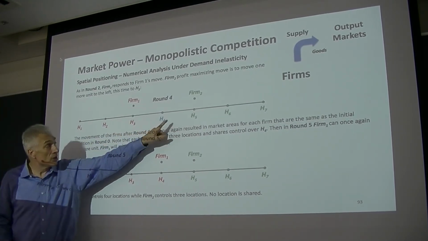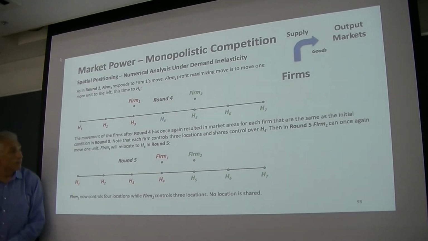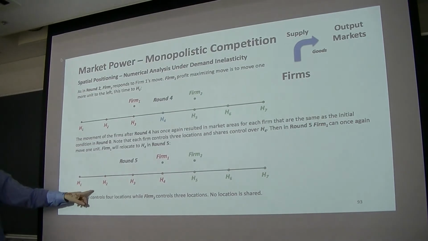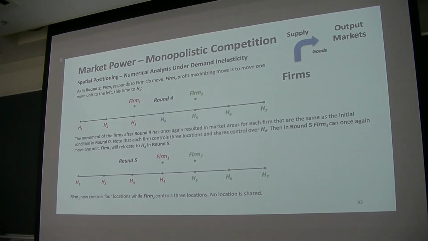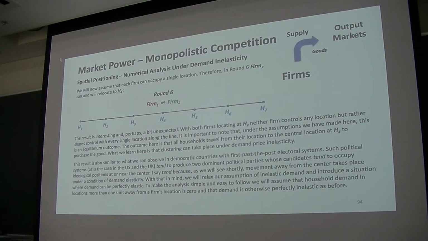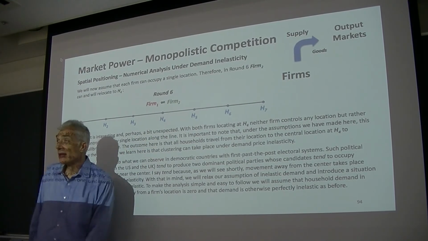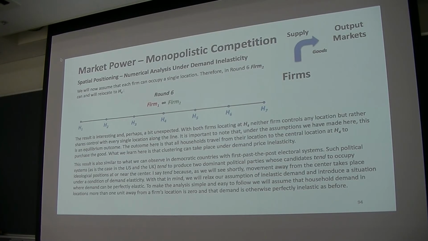This is the initial control. In round 5, firm 1 goes to the center position H4. And in round 6, firm 2 counters that. And this is a Nash equilibrium.